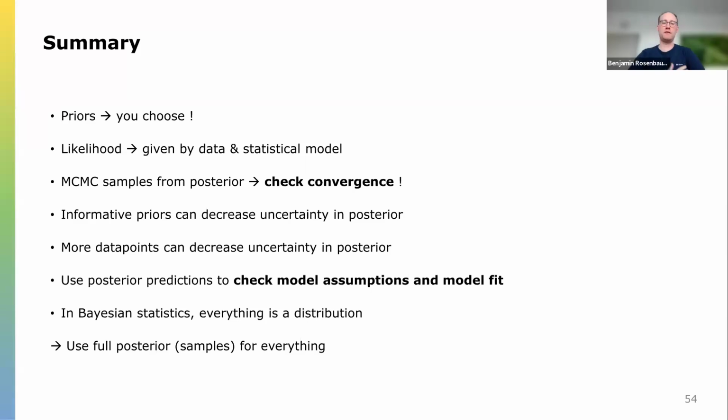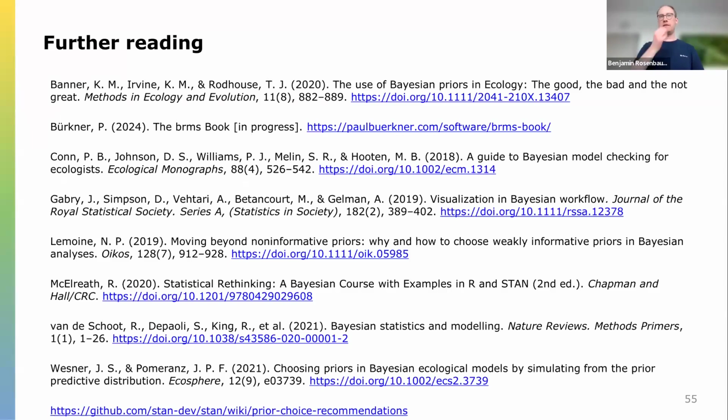And that's a good thing, because this means we can always assign probabilities to research questions. And again, please always use the full posterior. Do not just extract mean parameter values and use them for making predictions. Again, a couple of literature here. This is not only textbooks. There's a couple of papers about prior choices and prior predictive checks, and they are all ecology related.